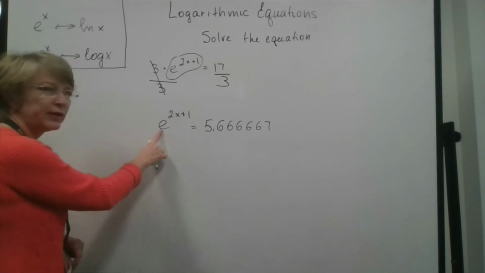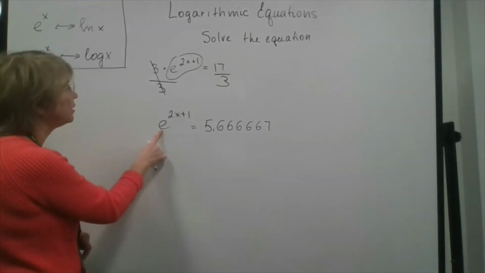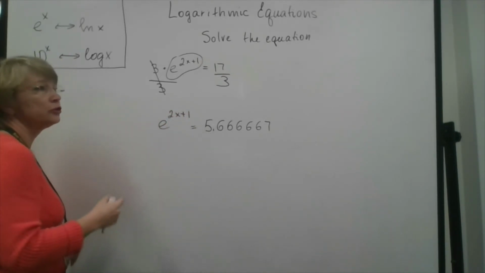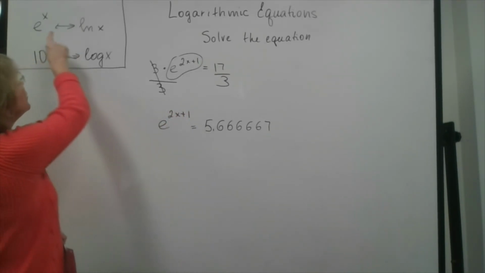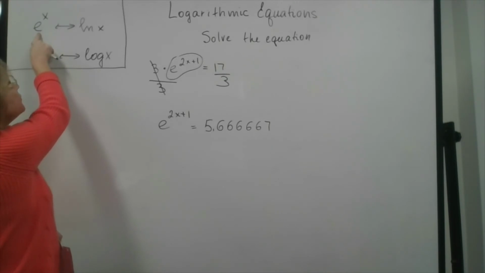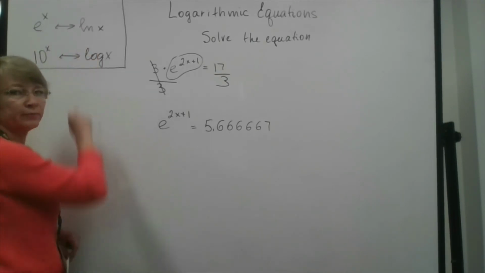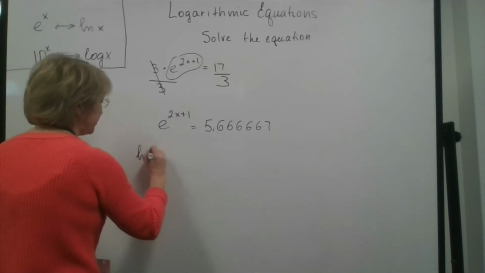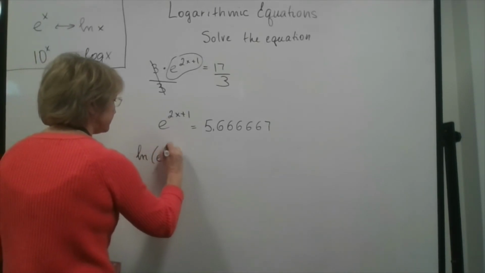Now we have to get rid of this e somehow, or change the exponential equation to a linear equation. We know that the opposite of e is natural logarithm. It means we have to take a natural logarithm of both sides.